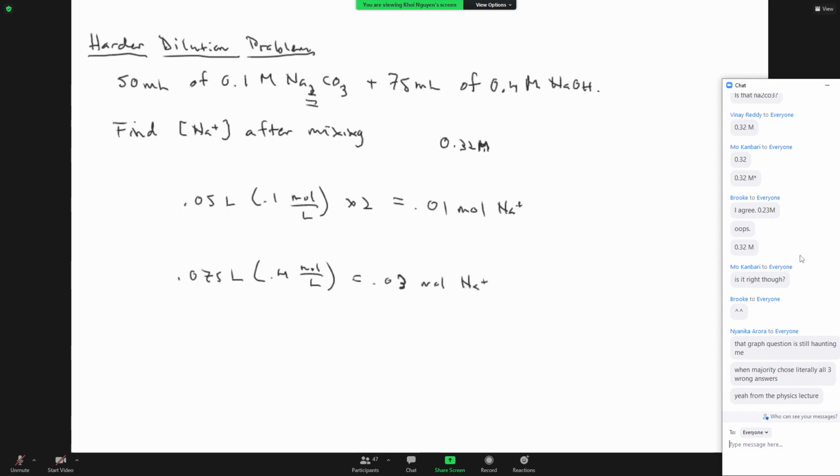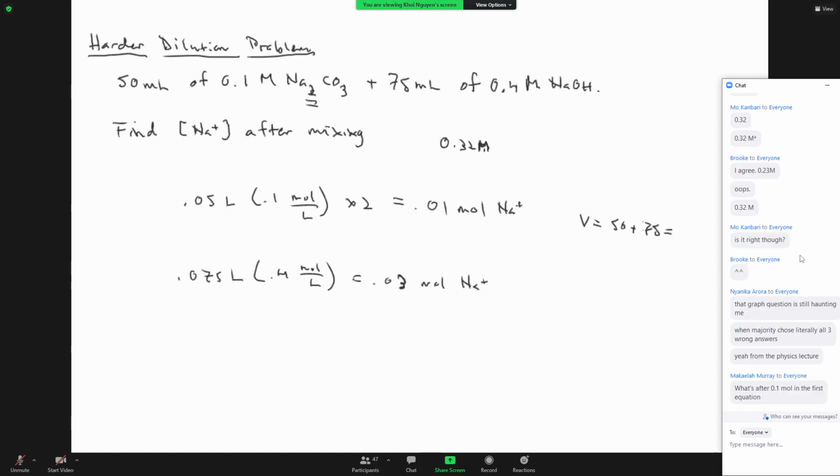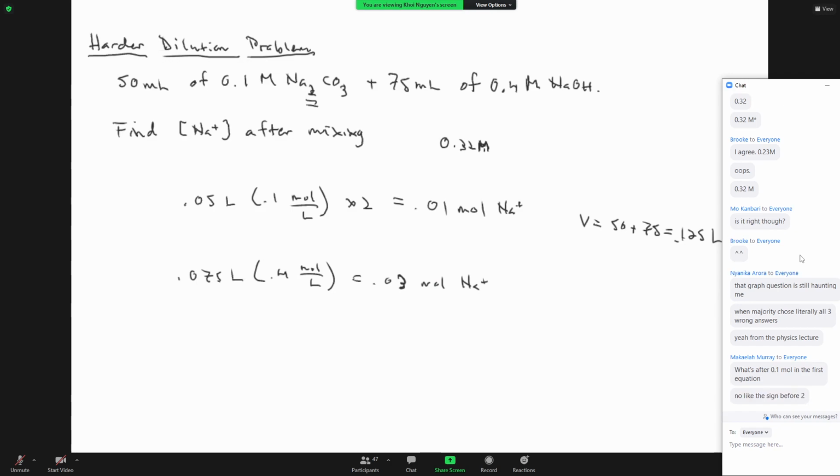And the final volume is 50 plus 75, or 125, or 0.125 liters. So we have 0.03 moles of sodium plus and 0.01 moles of sodium plus, because when this is dissolved in solution, this becomes sodium ion, right?